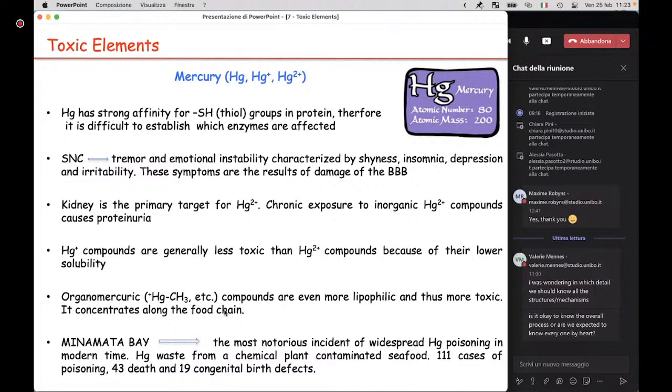This means that the most important form of mercury pollution is due to industrial wastes. And when industrial wastes go into water, of course, they pollute the microorganisms there that can take in a lot of mercury.